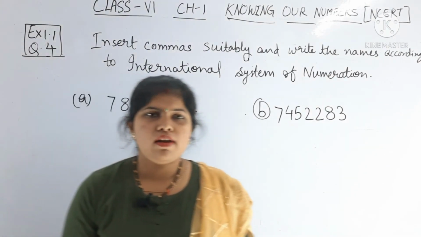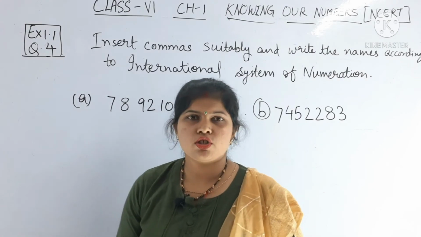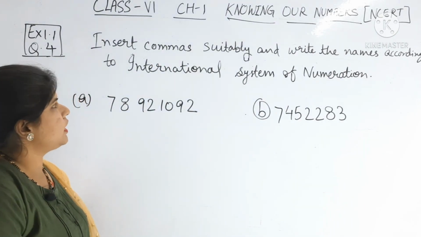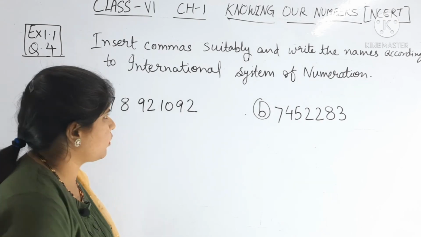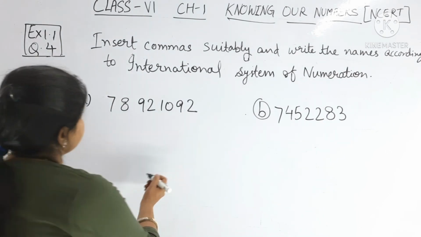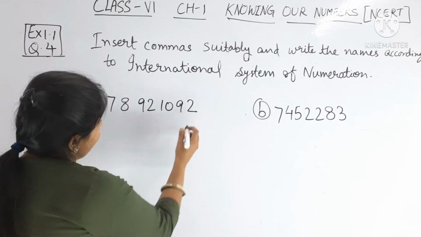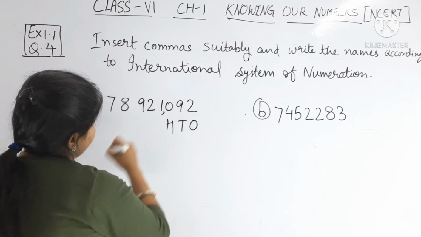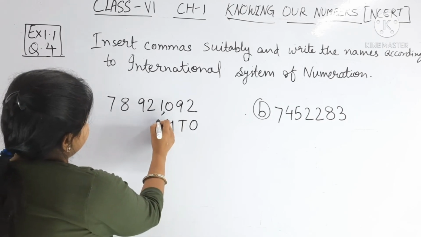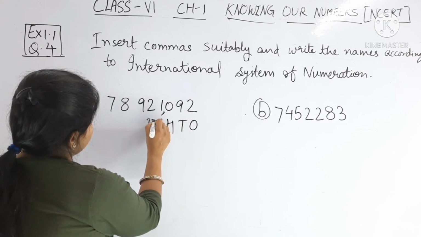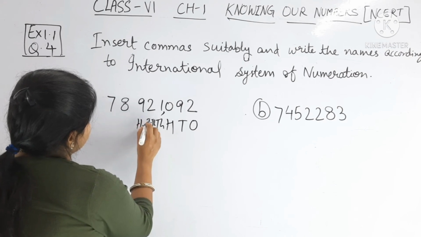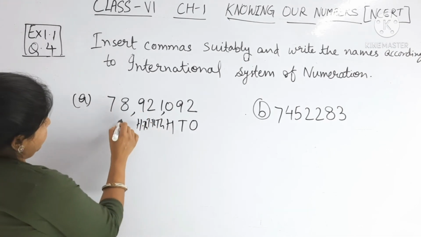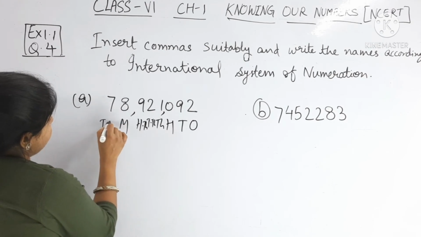Okay students, now let's move to question number 4. What is question number 4? We have to insert commas suitably and write the names according to the international system. Okay, so for the international system, what is the place value chart? Ones, tens, hundreds, then you have to put comma here, then 1000, 10,000, then 100,000. Okay, after here you have to put comma, then this is million and 10 million.